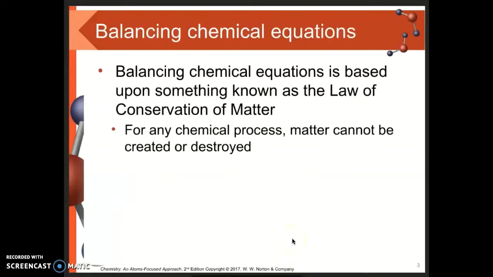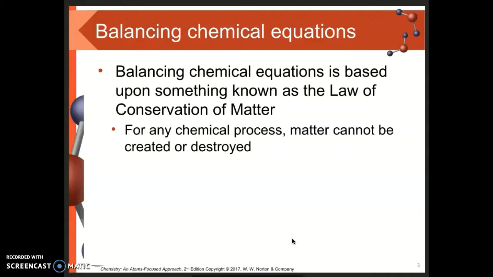Now, when it comes to balancing chemical equations, what we have to take into consideration is something that you already know, and that is the law of conservation of matter. If you remember all the way back to our fundamental laws at the beginning of the semester, we know that for any process, chemical or physical, matter cannot be created or destroyed.